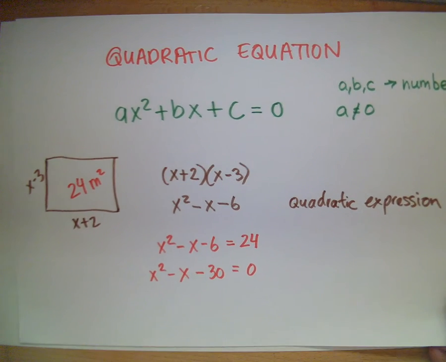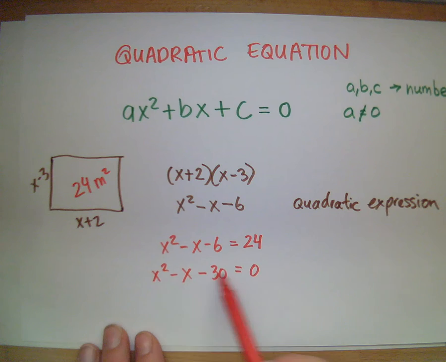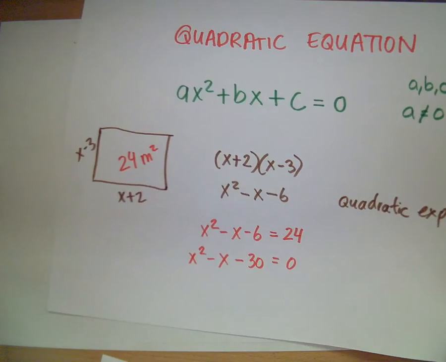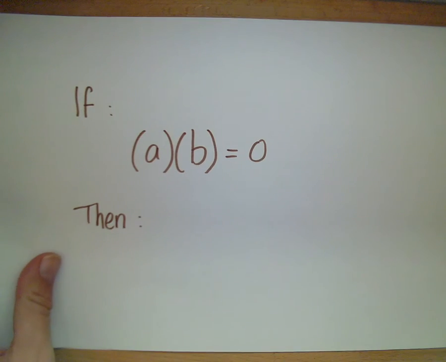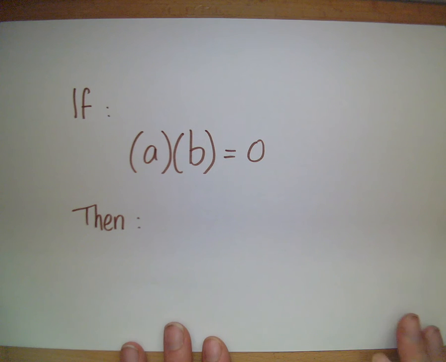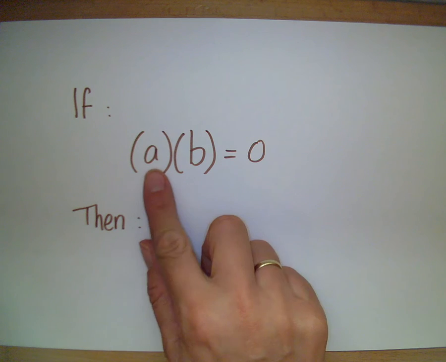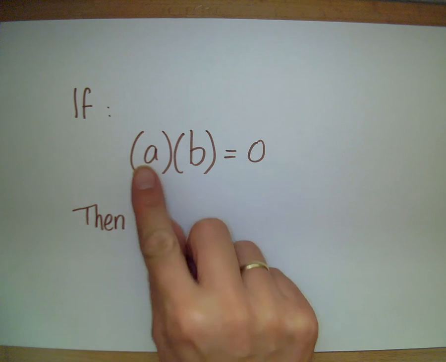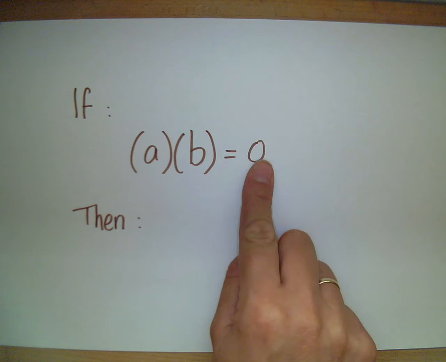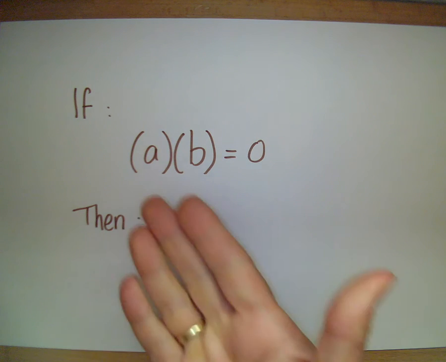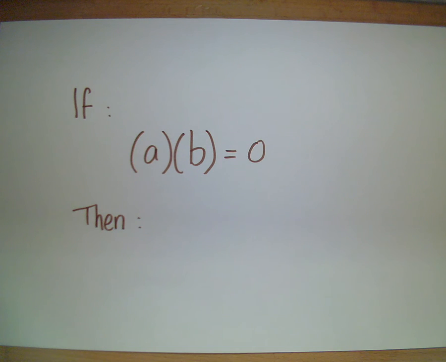Before we can start solving equations like this, we need to get one thing straight. This is what it's all based on. Super logical. If A times B equals 0, then what does that tell us about A or B?